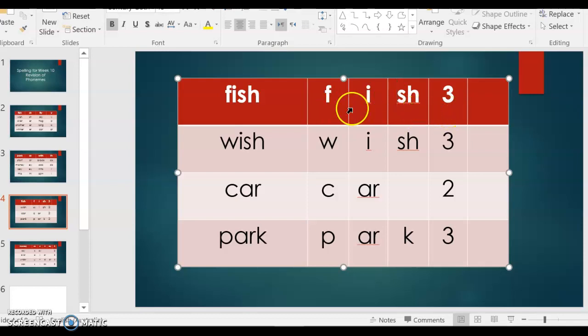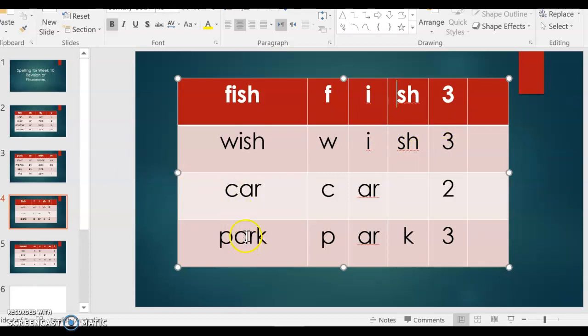And that's got 1, 2, 3 phonemes in it, 3. In the same way, if you notice the way this word is broken down, it's like fish and wish. The only difference is they start with a different letter and they make a different word. So wish becomes w, i, sh. 1, 2, 3. 3 phonemes.